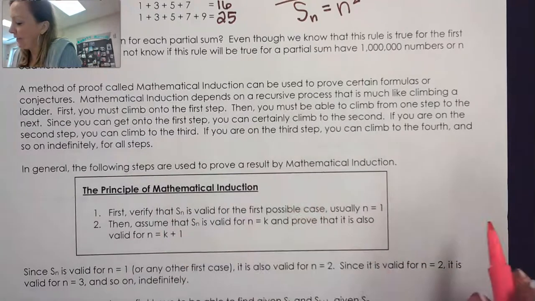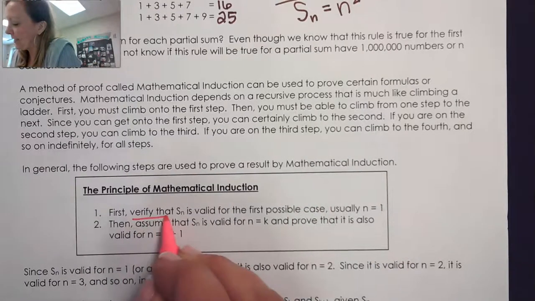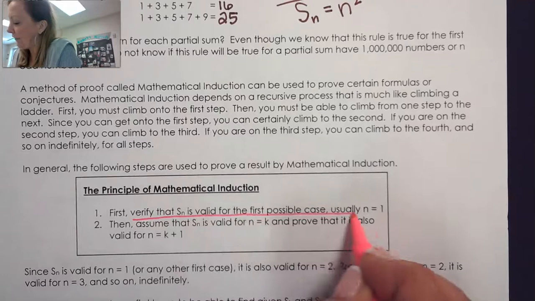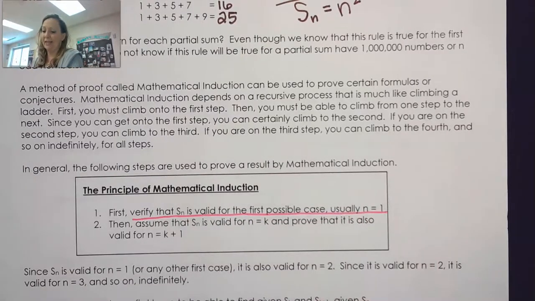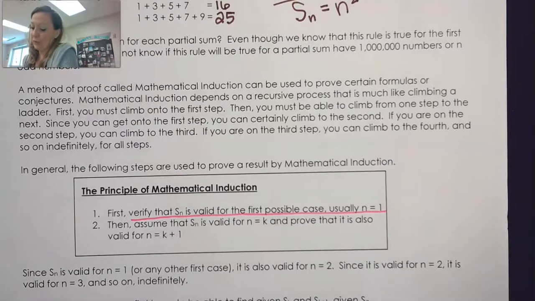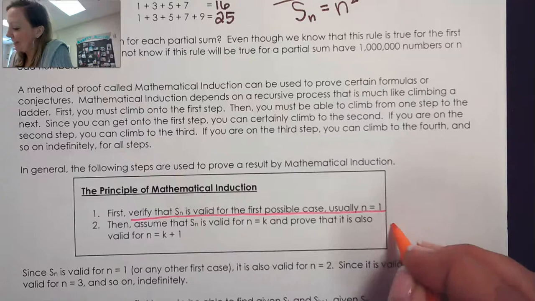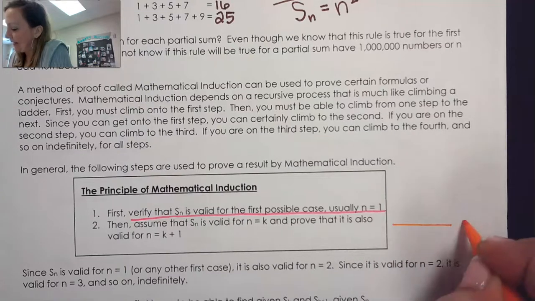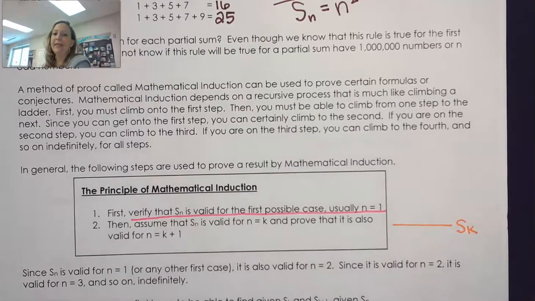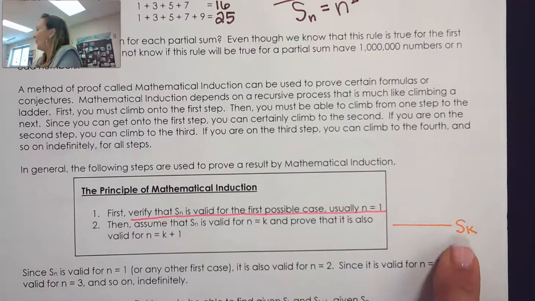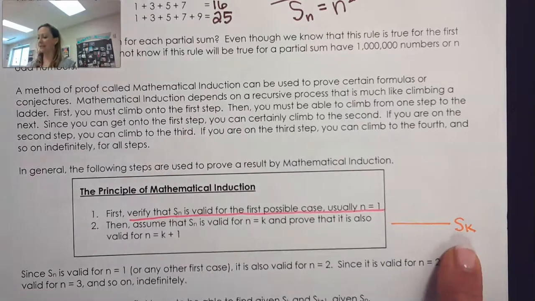So this is the steps that we're going to use to prove a result by mathematical induction. First, we're going to verify that S sub n is valid for the first possible case, usually n equals 1. Then what we'll do is we're going to assume that S sub n, the sum, the rule, is valid for some n equals k. So this is like a random rung on the ladder, this S sub k.